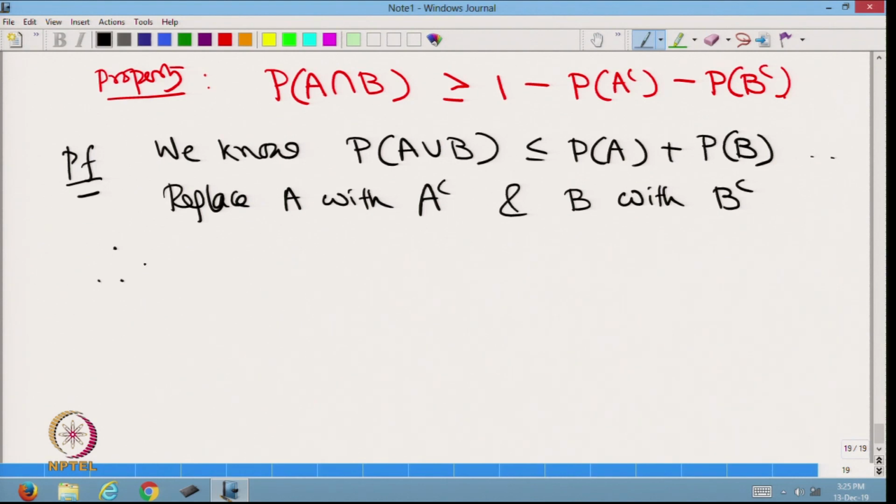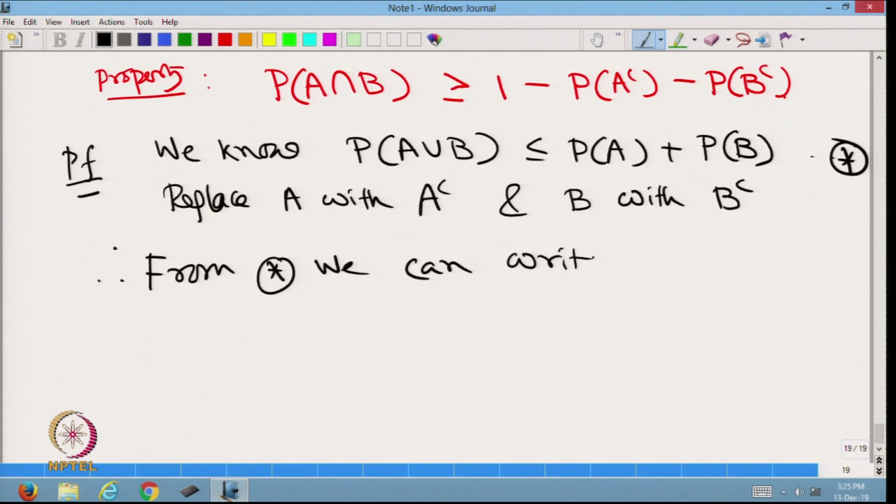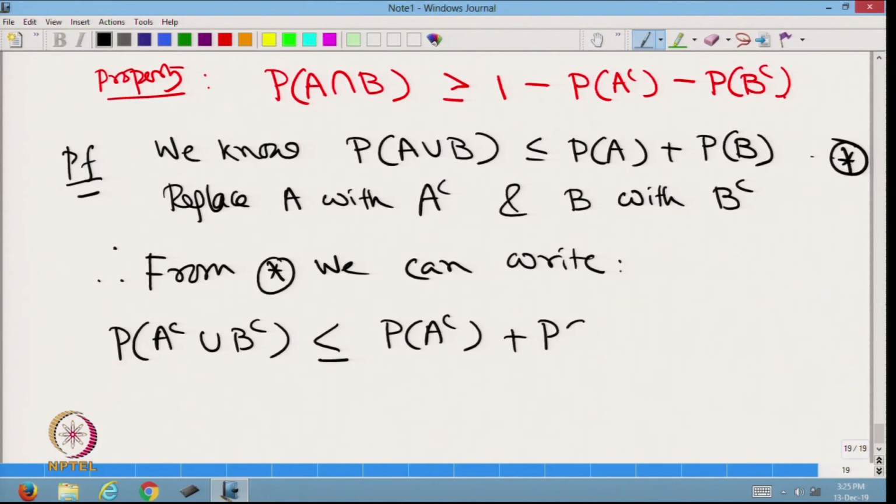Therefore, from star we can write probability of A complement union B complement is less than or equal to probability of A complement plus probability of B complement.